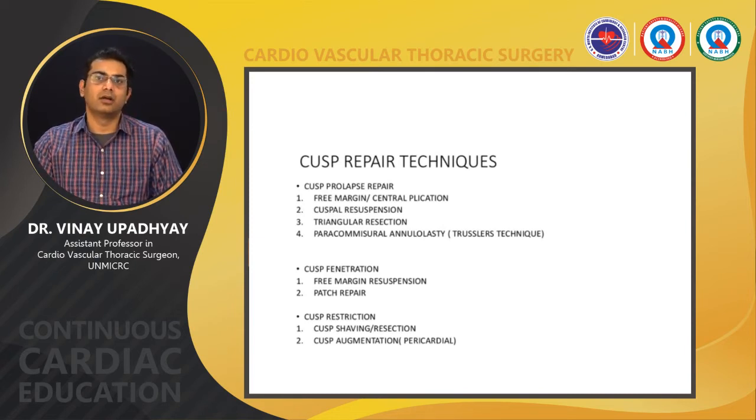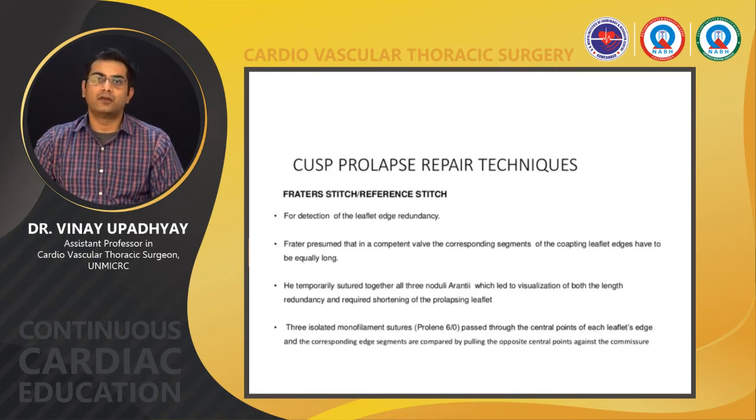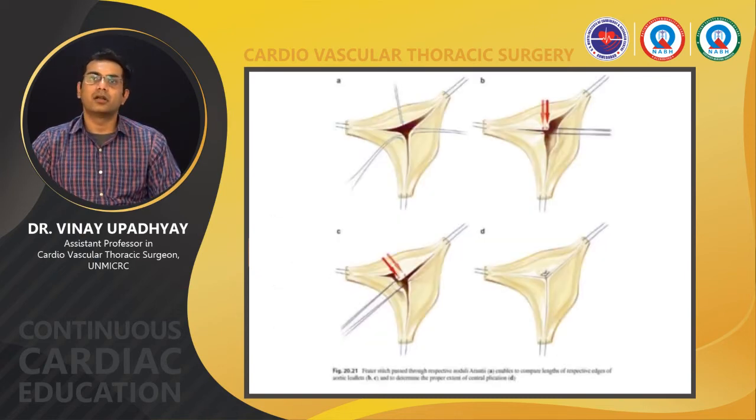For cusp restriction, cusp shaving or resection, or cusp augmentation using pericardium. Now we discuss each technique in detail. First step in any technique is the assessment suture. This figure shows the technique.